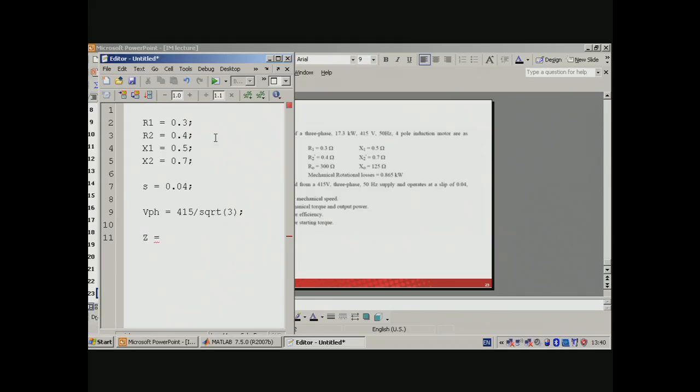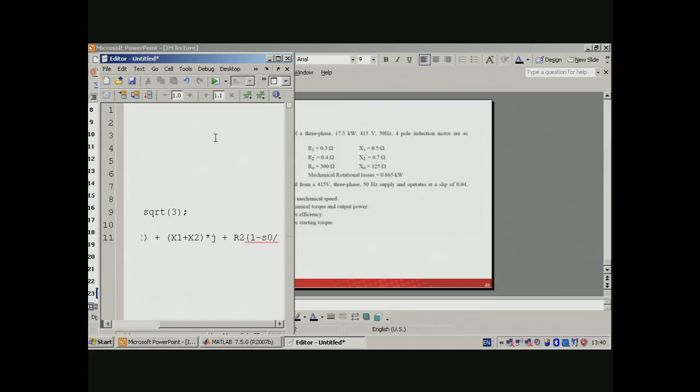That will be R1 plus R2 plus j(X1 plus X2), plus you have another, the variable resistance, which will be R2 times (1 minus S) divided by S. So this will give you the impedance.